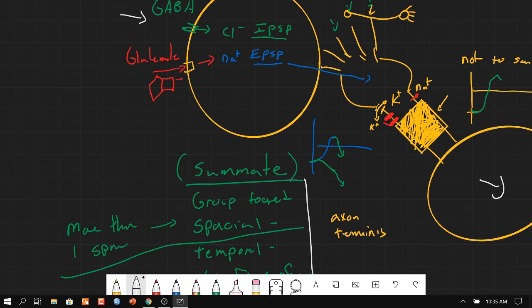By letting chlorine in, what does it do to the frequency of the IPSPs, or what does it do to the summation of the soma? Okay, wait. Summation means adding up to create an action potential, right? So what does it do to the summation? Slows the summation down. Slows it down.